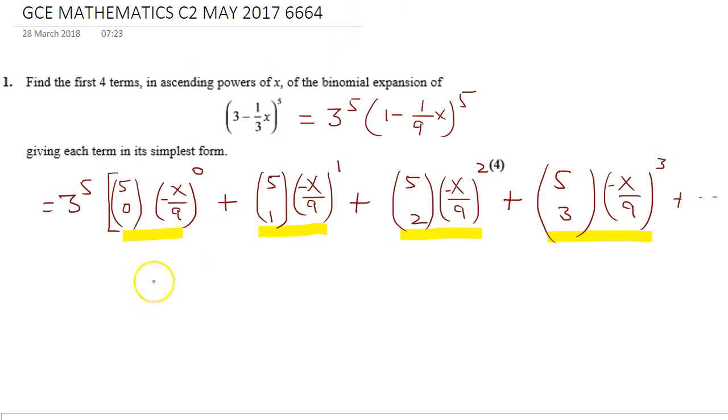So that will be equal to 3 to the power 5 times: this is 1, this is 1, so that will be 1. This is minus 5C1 is 5, x over 9.